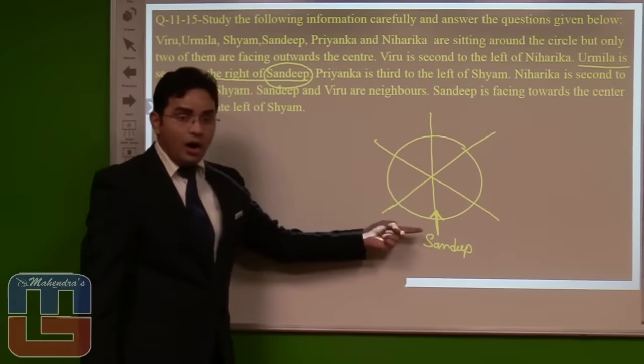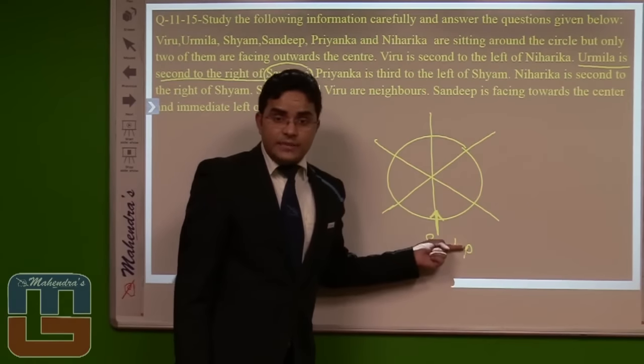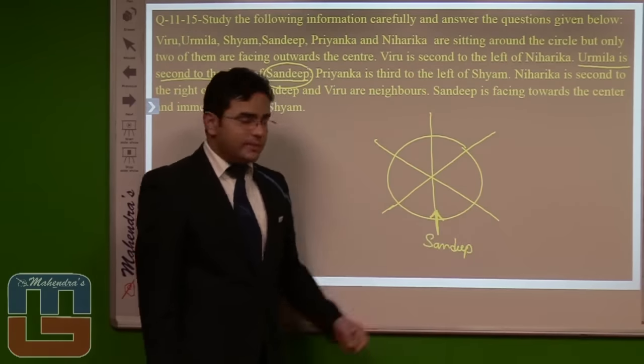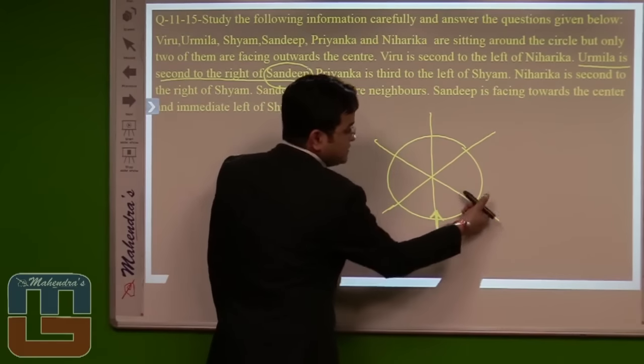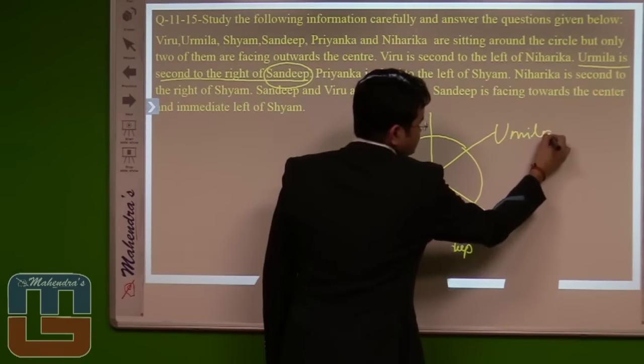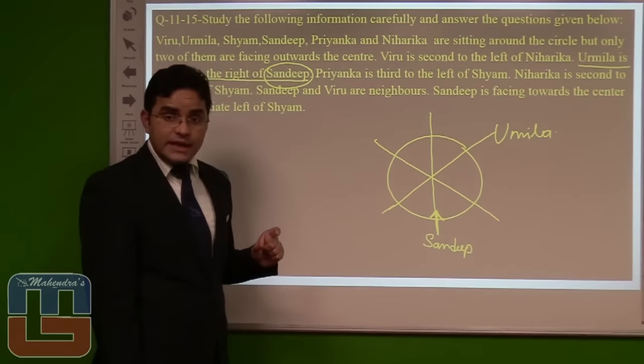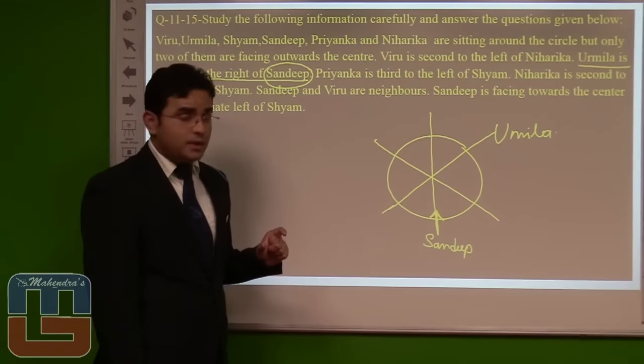So we can draw second to the right of Sandeep. Here we know center facing, first and second, so here it is going to be Umila. I hope you got this point.